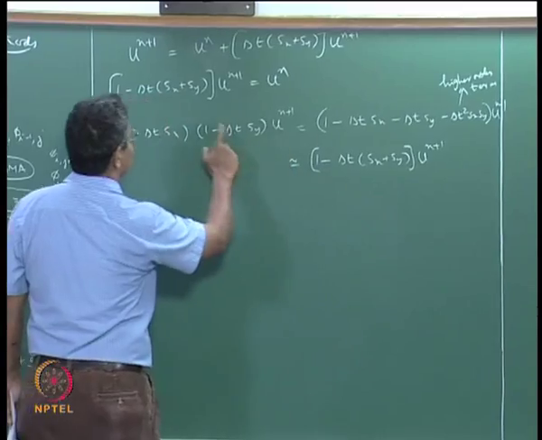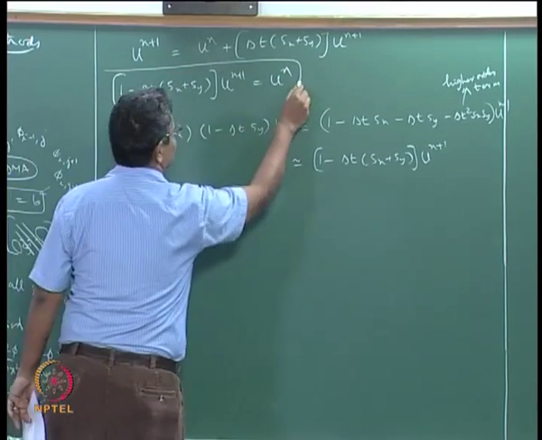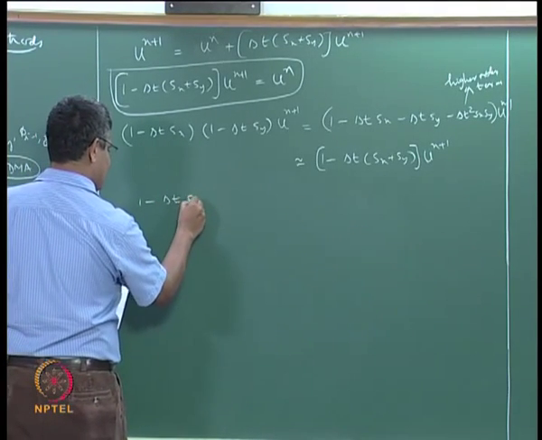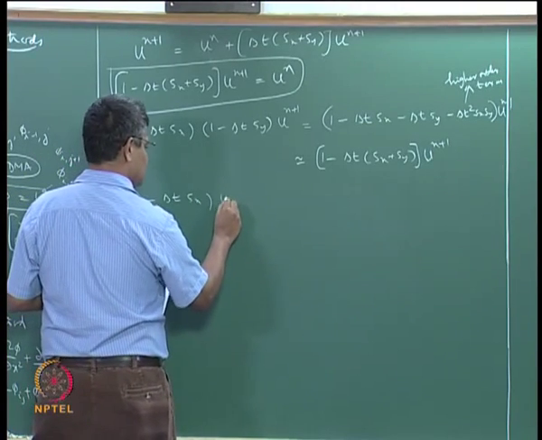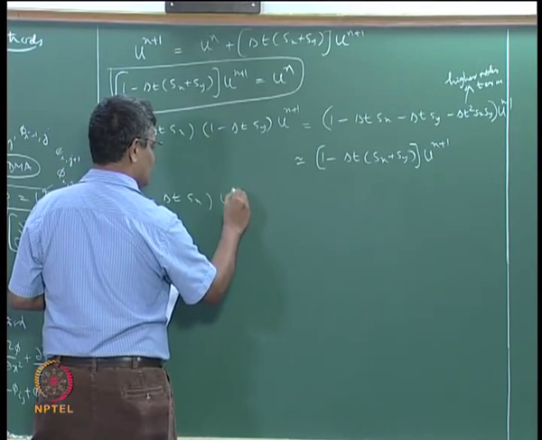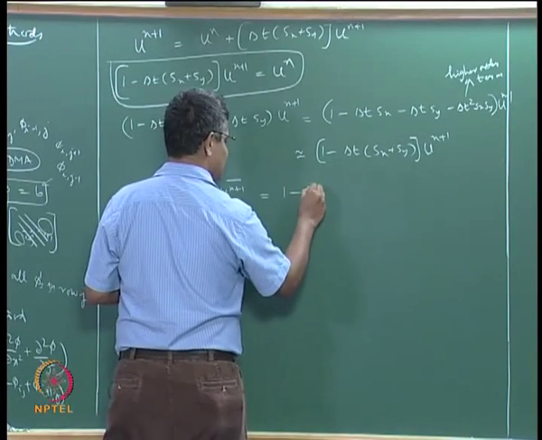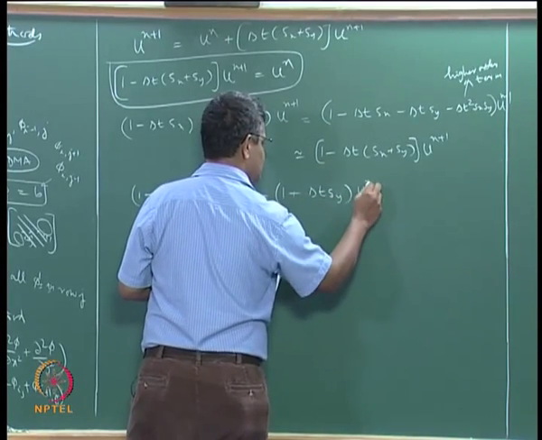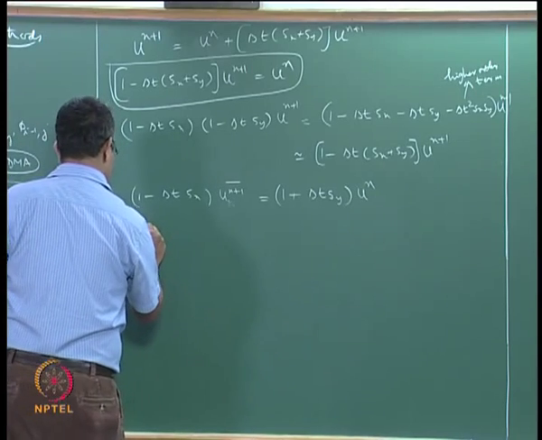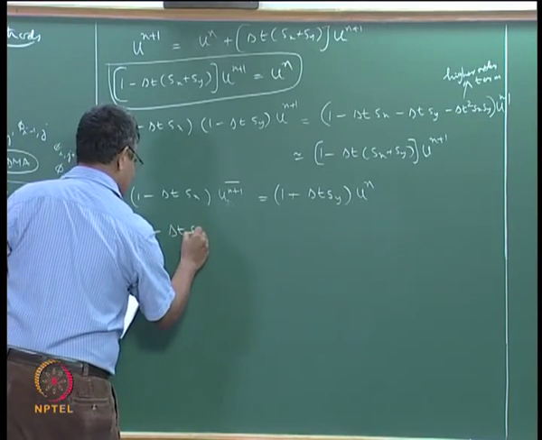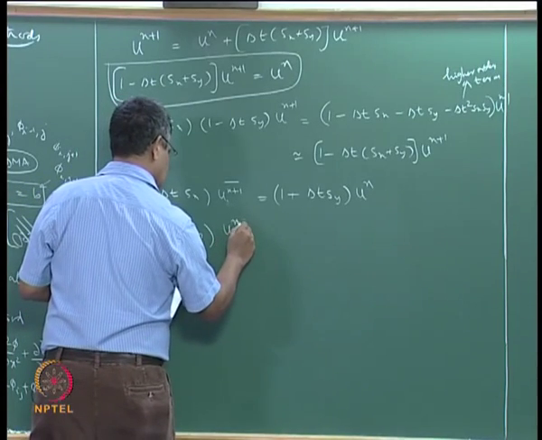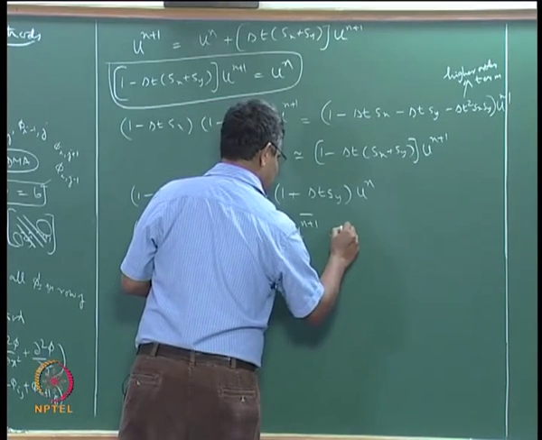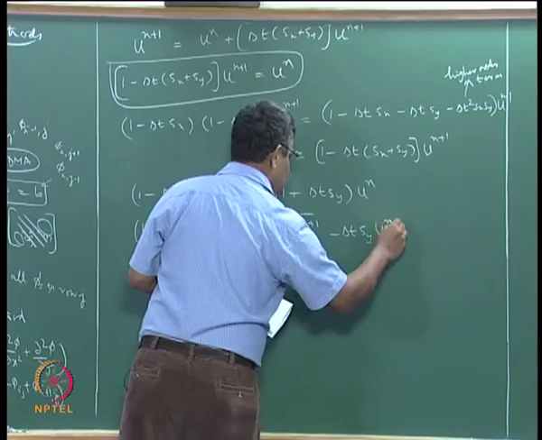Making this approximation, we can put this in a two-step process like this: 1 minus delta t Sx times u n plus 1 bar equal to 1 plus delta t Sy times u n, and 1 minus delta t Sy times u n plus 1 equal to u n plus 1 bar minus delta t Sy u n.